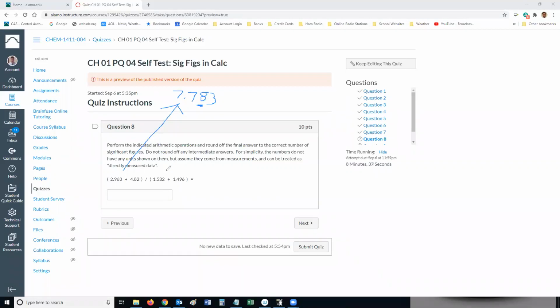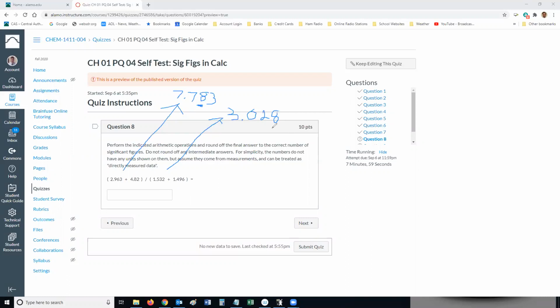Okay, so this other one, that other set of parentheses, okay, there I'm taking 1.532 and I'm adding 1.496 and I get 3.028. And this time I have 3 decimal places in both numbers.